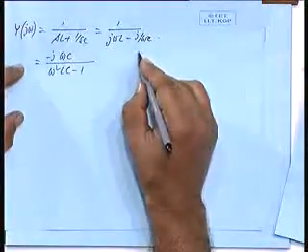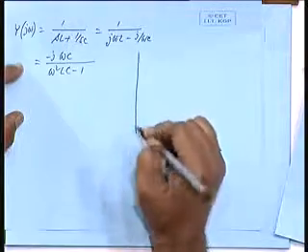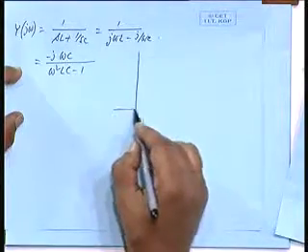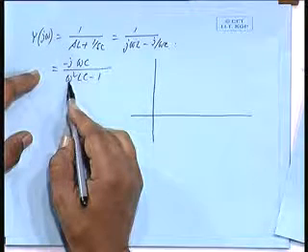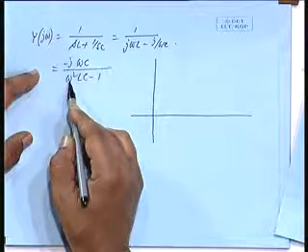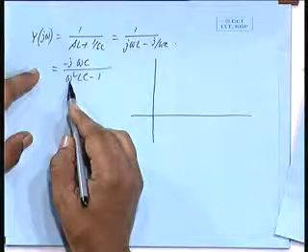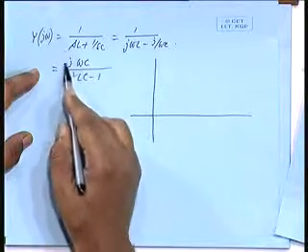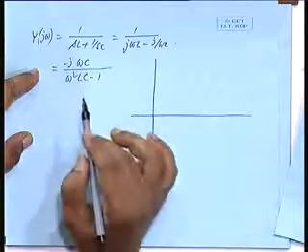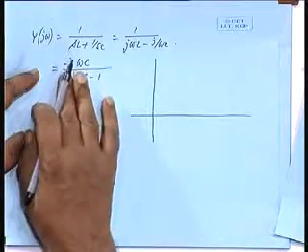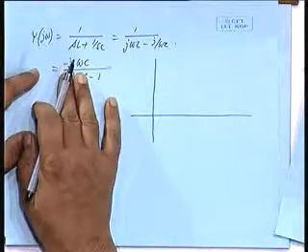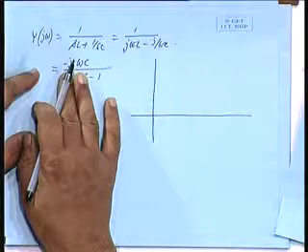If you take a small value of omega, where will it tend to? Small value of omega, this minus will go, this will tend to infinity.